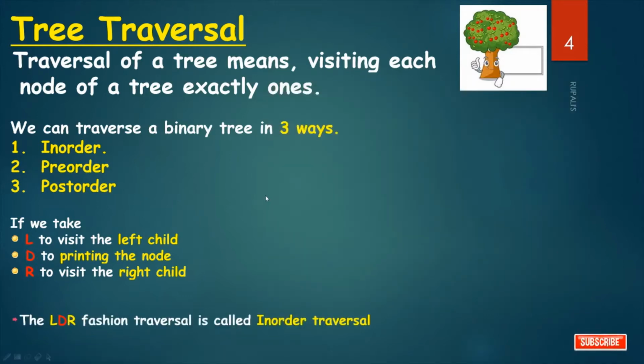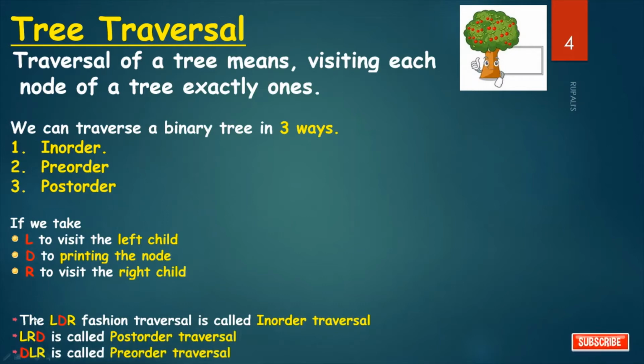The LDR fashion traversal is called in-order, because of the position of D. D is in between L and R, so it is in-order fashion. LRD is called post-order fashion, D is in the last position, and DLR is pre-order traversal.